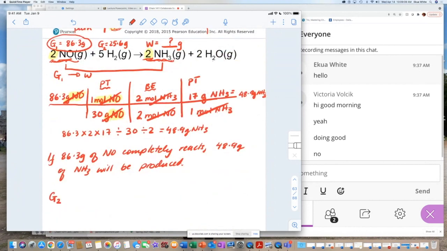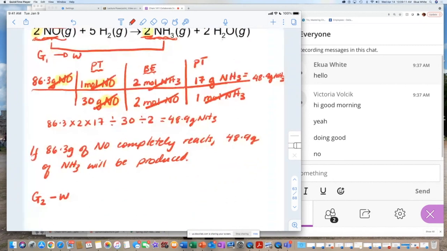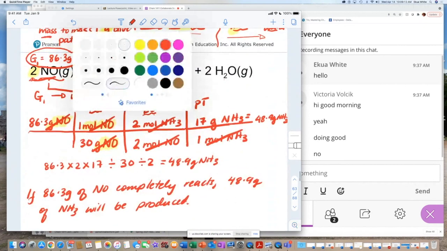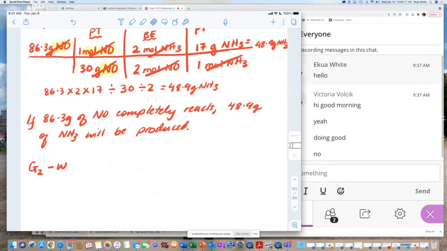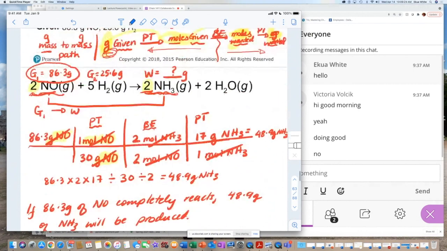We're now going G2 to wanted. I'm going to use a green, sorry, I'm saying green, I wrote blue. Let me change this so we're completely dealing with blue. G2 to wanted. What if this time the amount that's reacting is the H2? If that's the limiting part.